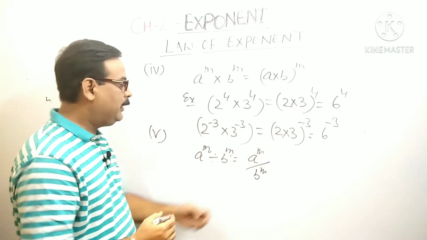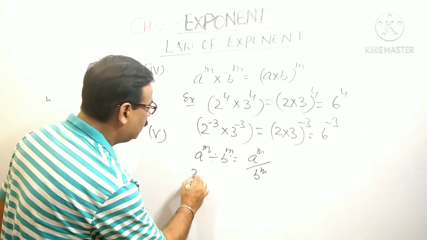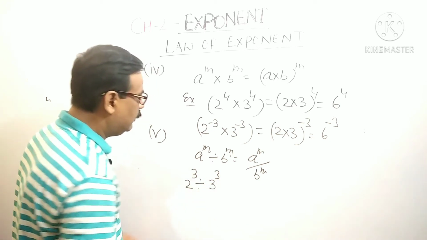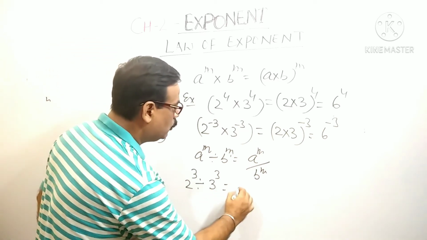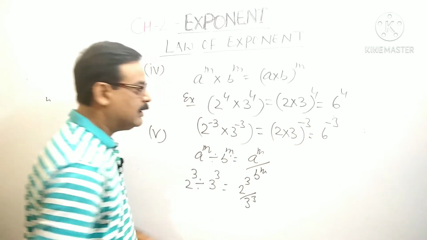From an example we can understand the thing properly. Let us see here 2 to the power 3 divided by 3 to the power 3.